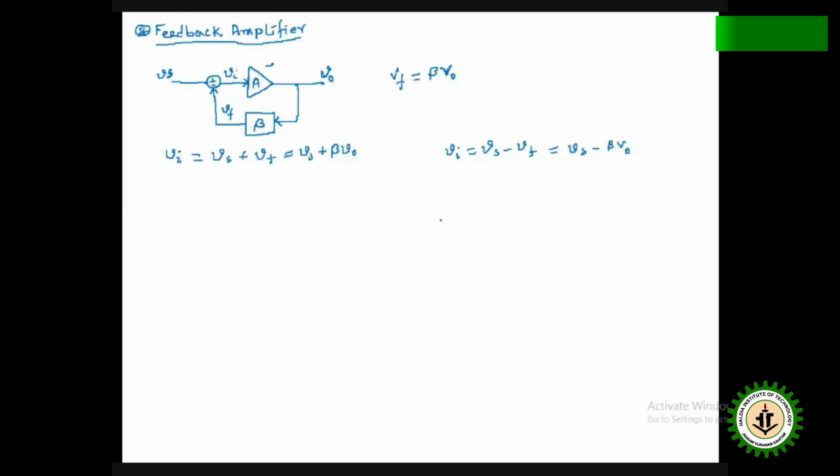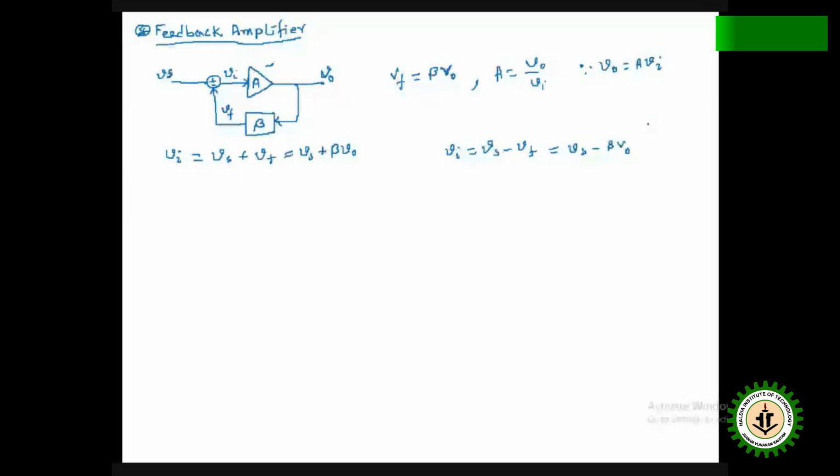So here you see Vi means the gain of this amplifier circuit, A is equal to output by input. So the output V0 is equal to A Vi. Okay.